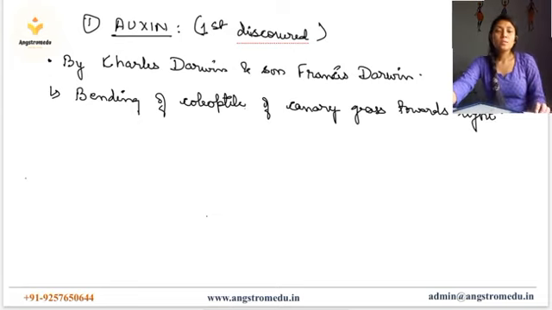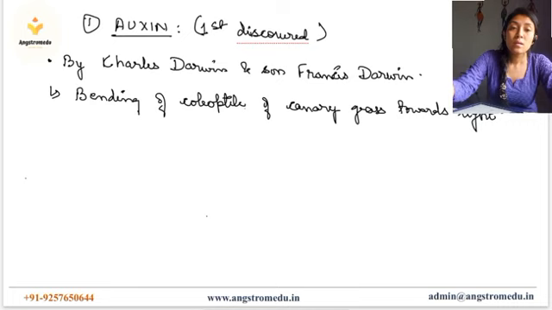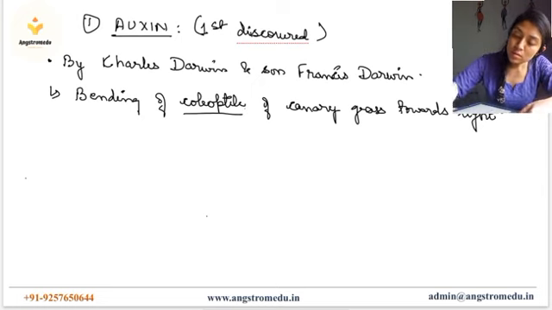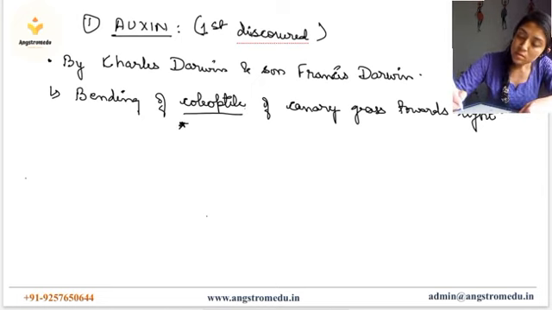So what they noticed, what is coleoptile? Coleoptile is the protective covering of plumule in a seed. Which seed? Monocot seed. This is important.